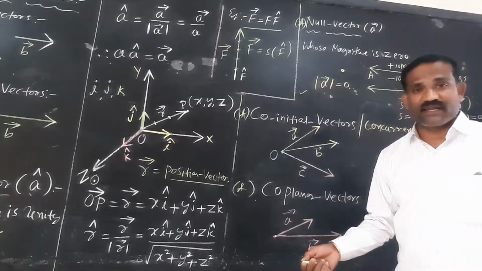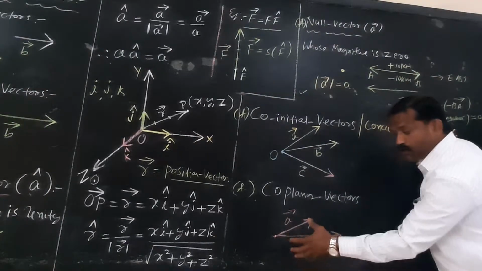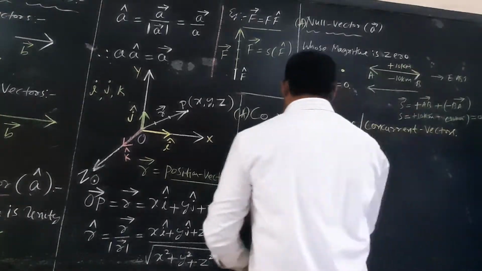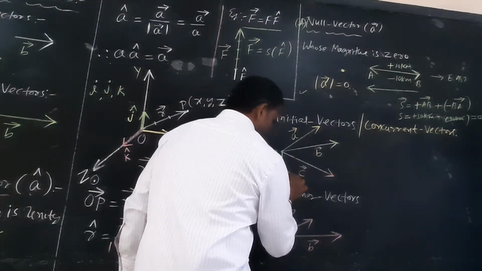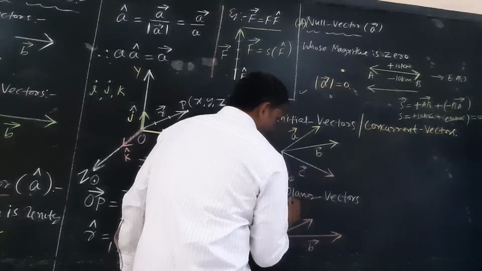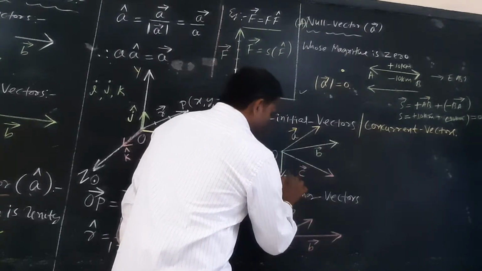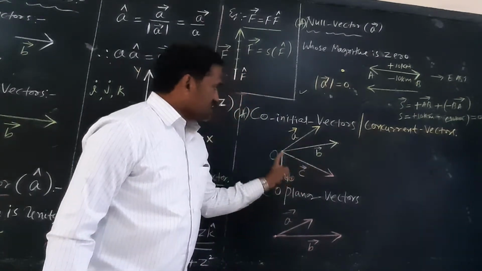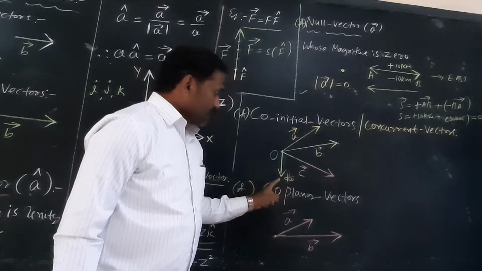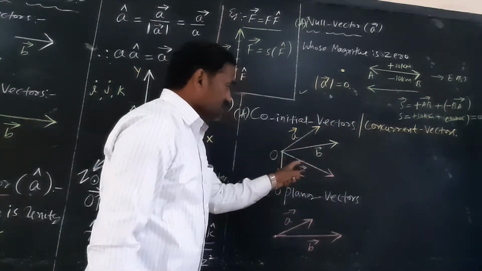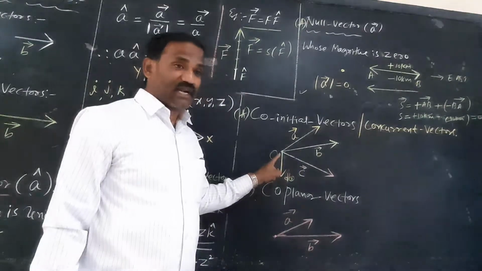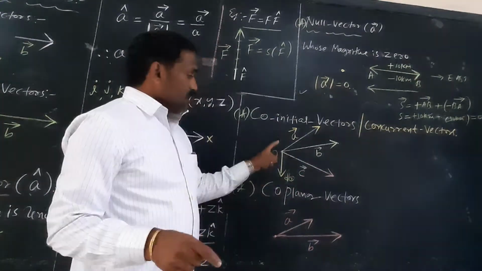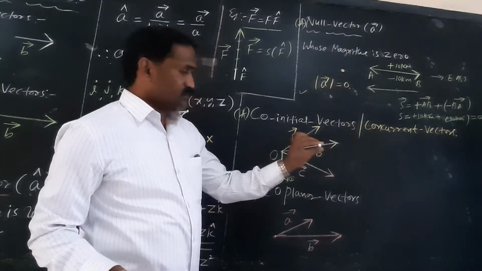What are coplanar vectors? Coplanar means acting on the same plane. Say vector A and vector B are concurrent and coplanar. Please attention. Here another vector D is there. Where is vector D? Vector D is coming out of the board. Vector A, vector B, vector C all are on the same plane, but vector D is coming out of the plane, on the YZ plane.